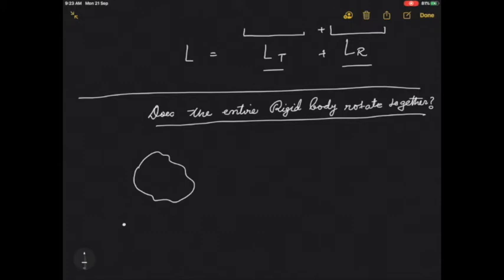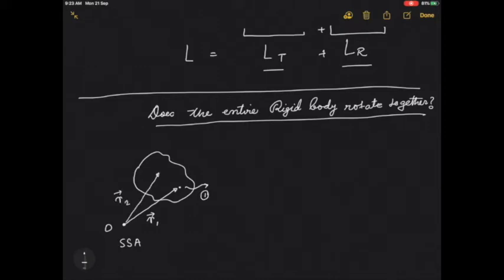The other way to say it is the following. I have this rigid body and I have some origin here. So this is my space set of axes, this is my origin, and I consider one vector which goes to a point 1, I call it R1.